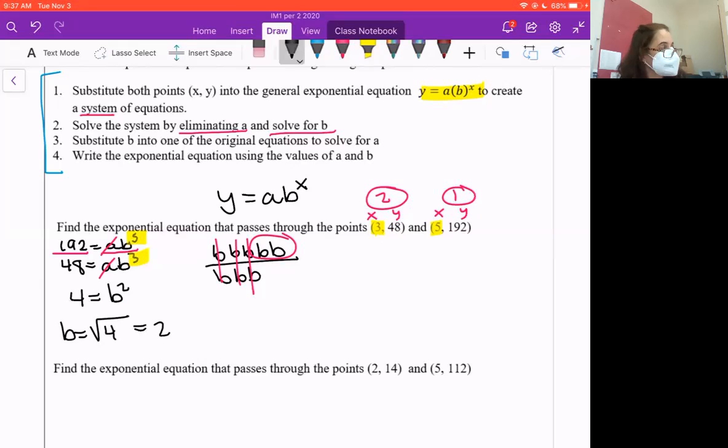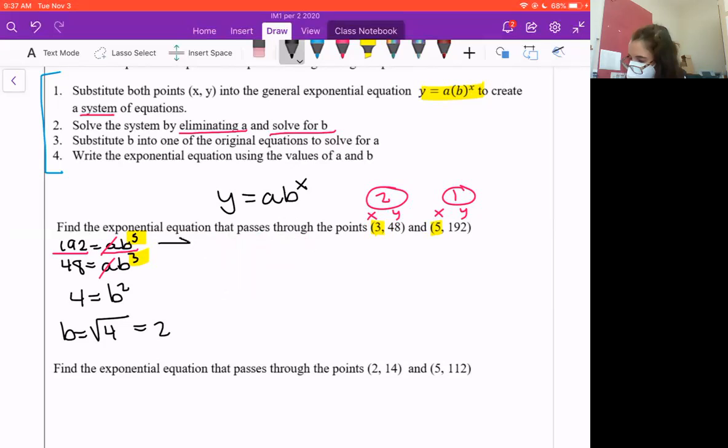Okay. Number 3, I'm going to substitute b, which is now 2, into one of those equations up there at the top. I'm going to get rid of this because this was just really scratch work. Doesn't matter which equation, pick one. So either the 192 equation or the 48 equation, does not matter.